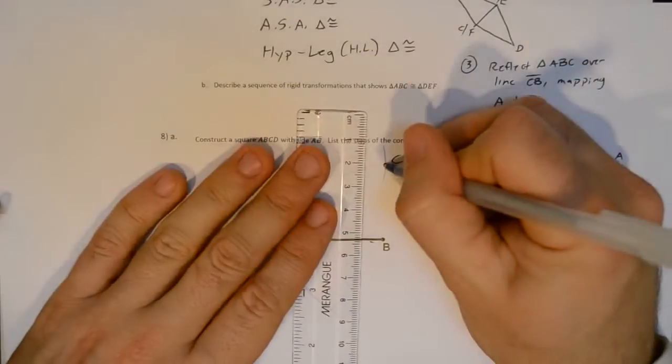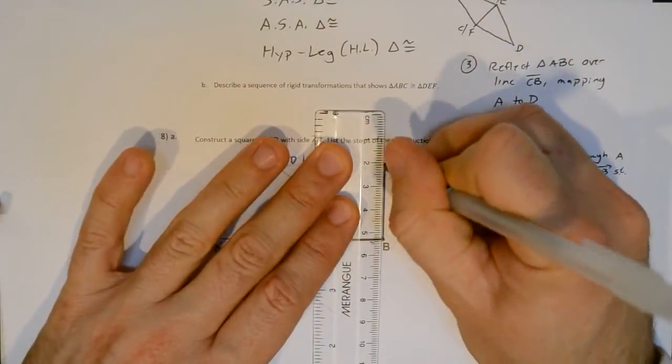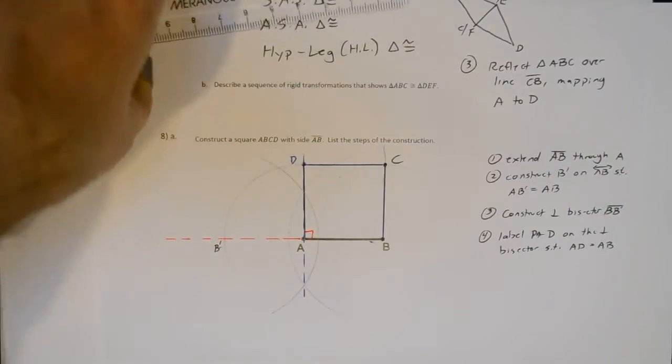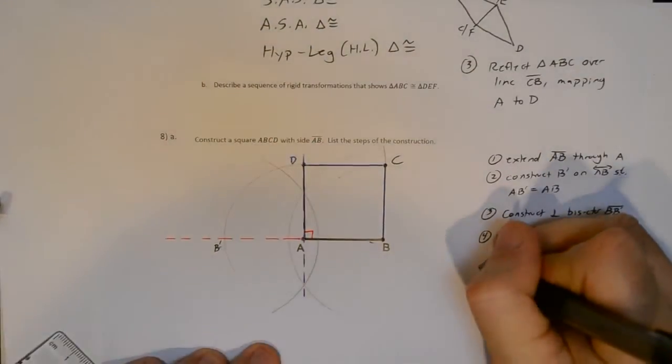Grab my blue pen again. So I'll go ahead and connect these vertices. There's square ABCD. Okay. And what was the last thing we did?